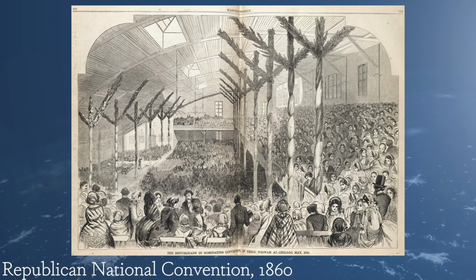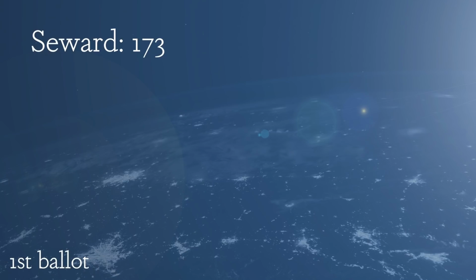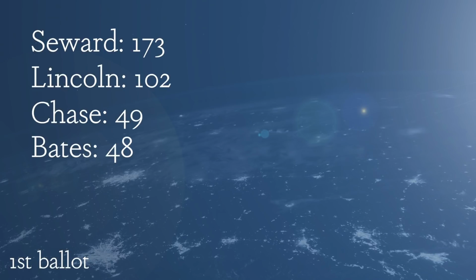When the first ballot arrived the next morning, it was clear Seward's opponents outnumbered his supporters. He polled 173 delegates, Lincoln 102, Chase and Bates around 50 each. Though he did have a plurality of support, Seward had not secured the nomination outright, seeding doubt and elongating the process.